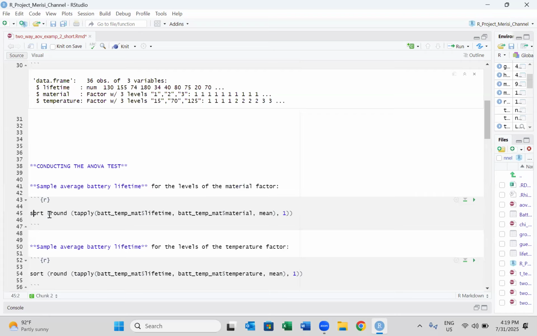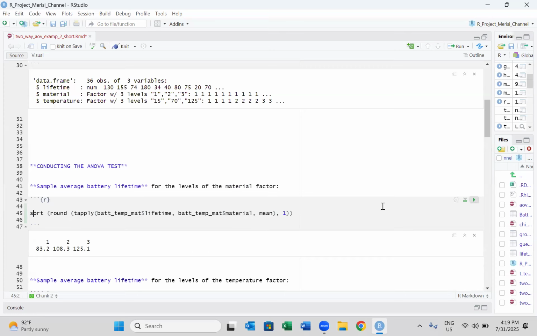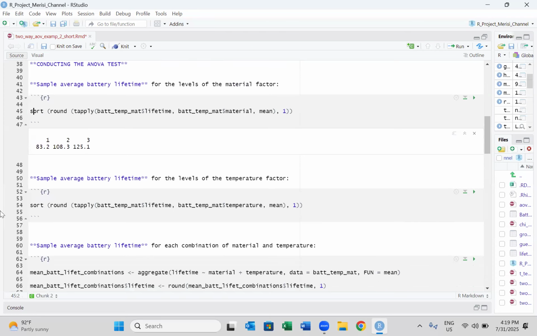And I sorted the values of lifetime, all right? There you have it. So that is the sample average battery lifetime for material 1, so 83.2 days. For material 2 is 108.3 days, and for material 3, 125.1 days, okay? So they are different, right?